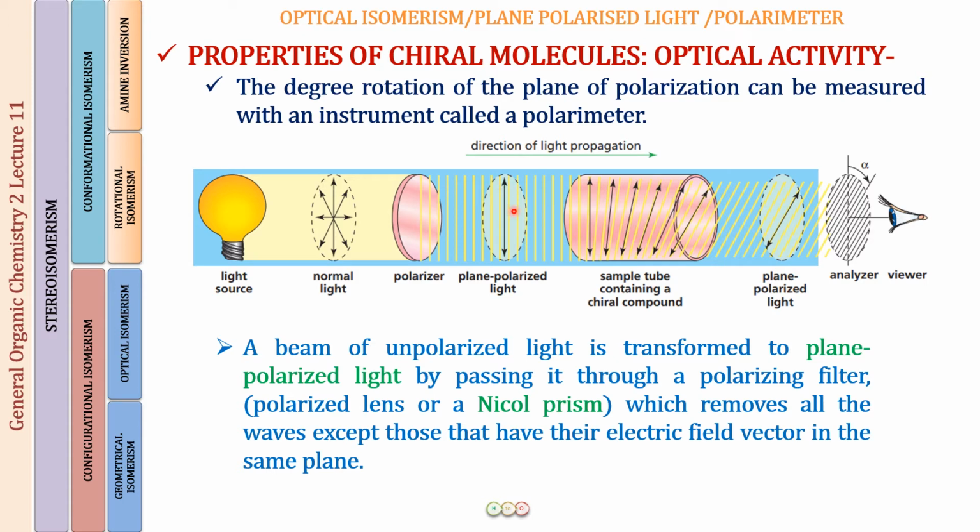And then we will pass it through the substance which we want to examine, whether it is optically active or not. And then whatever light is coming out of it, we are going to analyze in an analyzer. Okay, so let us study one by one what all these components are going to do to tell us about the optical activity of a substance.